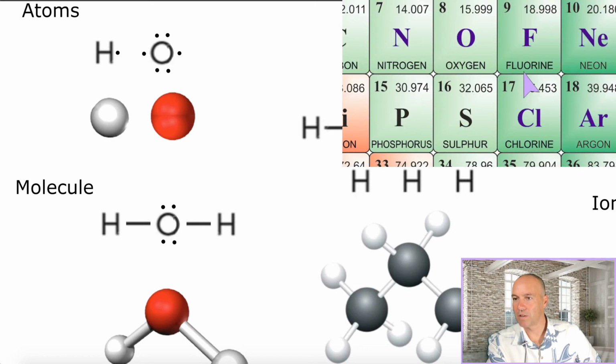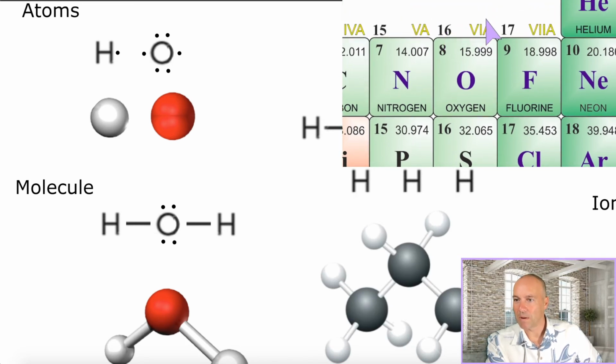So I'll show you, oxygen is right there, element number 8. So it has 8 electrons total, but 6 of them are valence electrons. So only the valence electrons are shown in the dot structure, but 8 electrons total. And by sharing with the hydrogens, it's like it gained 2 more, like the noble gas neon.